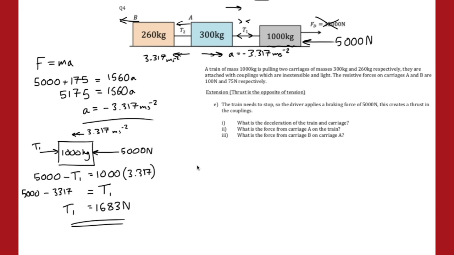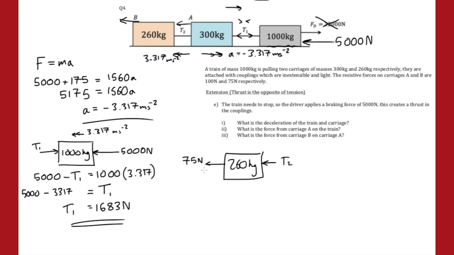Okay, so for the final part of this, we're looking at carriage B and what that's doing to carriage A. So let's draw carriage B. That is 260 kilograms, and it's going to exert a thrust. So the thrust is going to push in both directions. So the thrust is going to go this way. Let's call that T2, and its resistance to motion is 75 newtons that way as well.